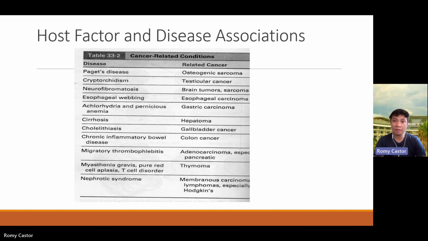Chronic inflammatory bowel syndrome can result in colon cancer. Migratory thrombophlebitis can result in adenocarcinoma. Myasthenia gravis can result in thymoma, where the thymus is not producing T lymphocytes. And nephrotic syndrome can result in glomerular or kidney cancer.